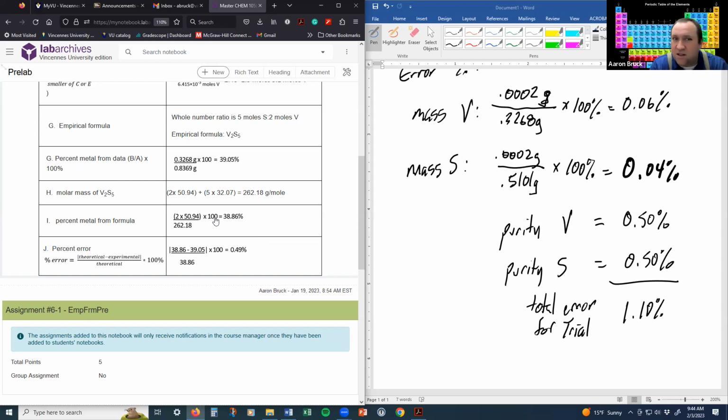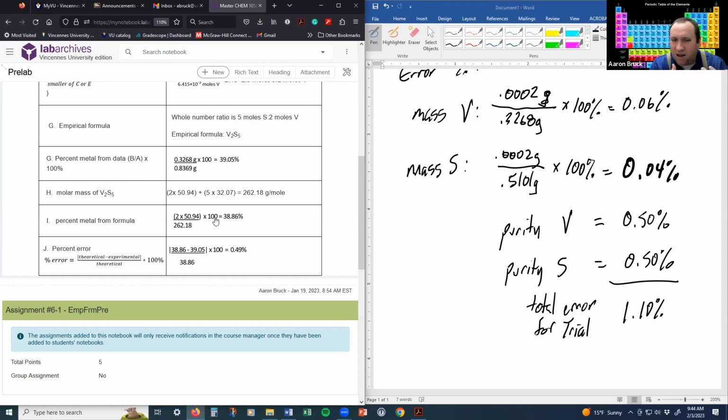In most cases, most of you got a ratio of 2 to 1 for the copper to sulfur. What you'll find, though, is that you usually had to round that up. Most of your actual calculated ratios were somewhere between 1.7 and 1.9. Depending upon how close you were to 2.0, your percent error varied a little bit.